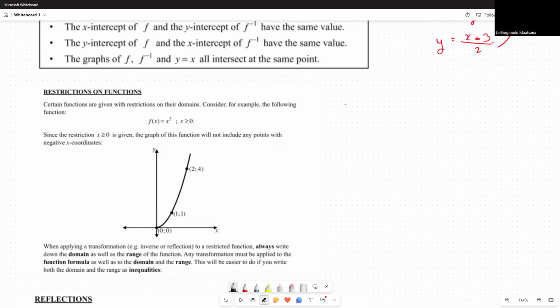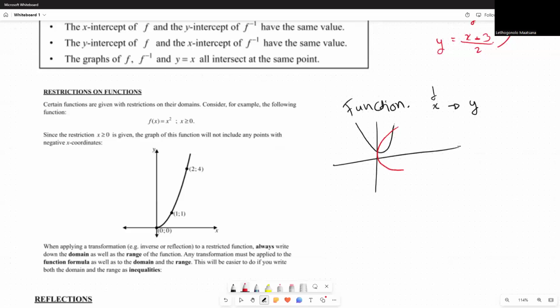We define a function as something that has one x value and gives you one y value.